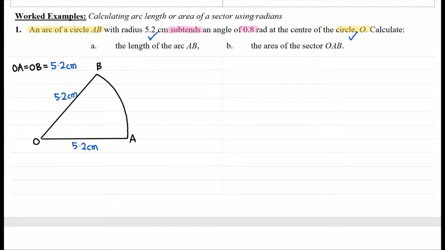This angle here on our diagram is 0.8 radians. Now we're going to calculate the length of the arc AB. Well, we have a new formula. Let's write it down. The arc length is just r theta when theta is in radians.